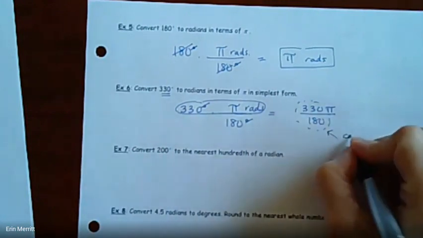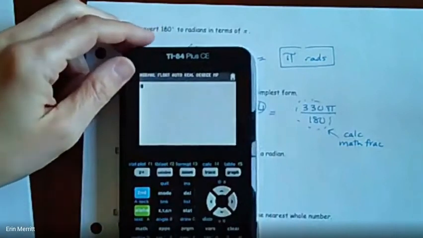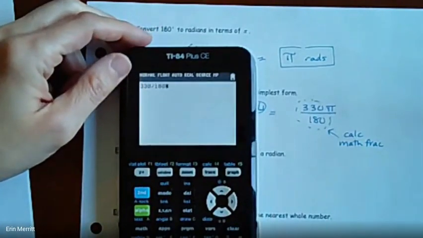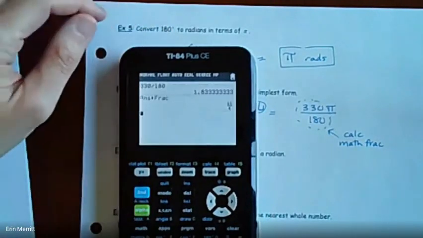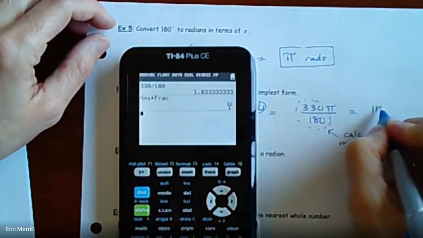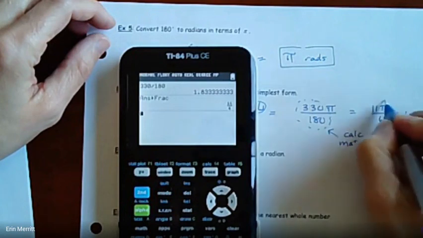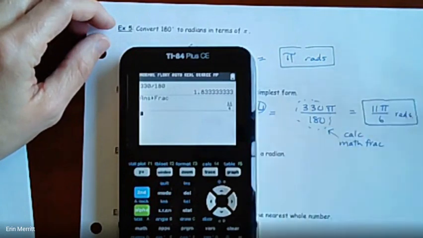This is where I want you to use your calculator. Take this piece of it and use your calculator, and we're going to do math frac to simplify that. So on your calculator, 330 divided by 180, math frac it, and we get 11/6. So we're going to write this as 11 pi over 6 radians. That's your answer.